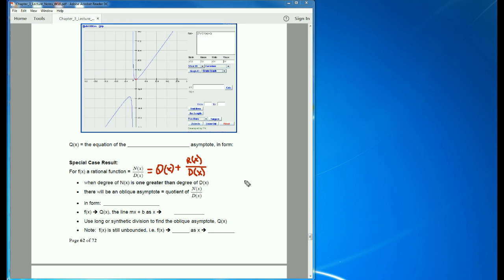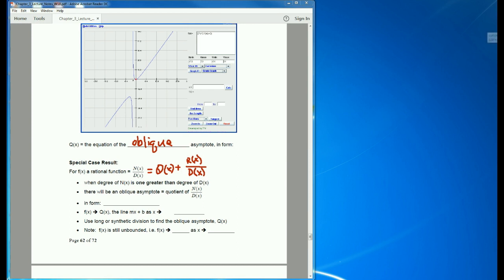So what we actually need to do to find the equation of the oblique asymptote, q of x, is to do that division using either synthetic or long division.